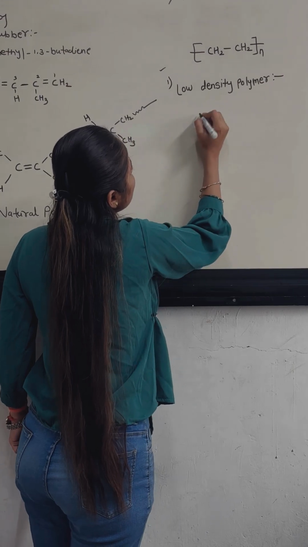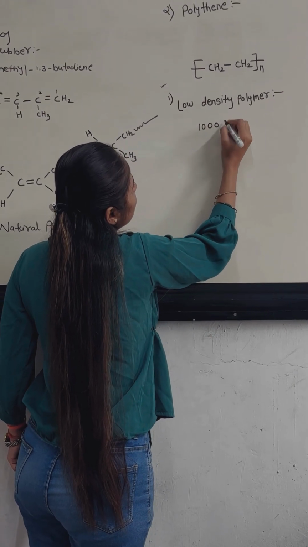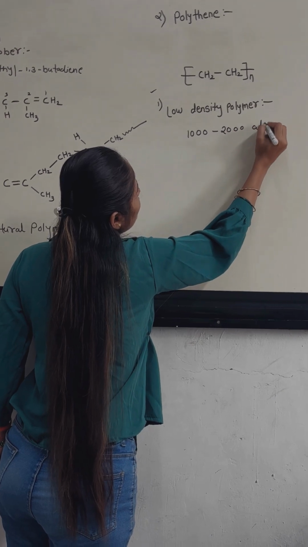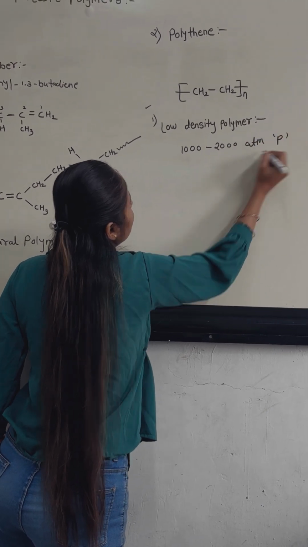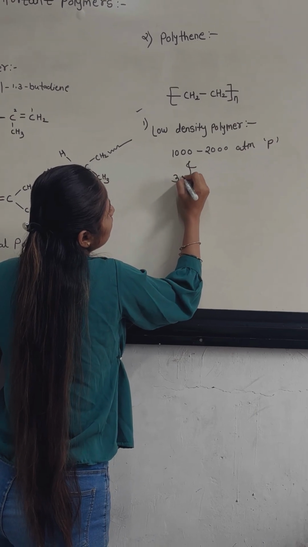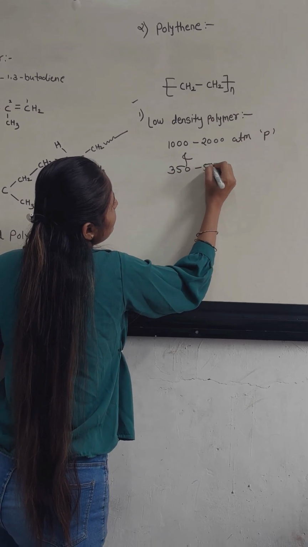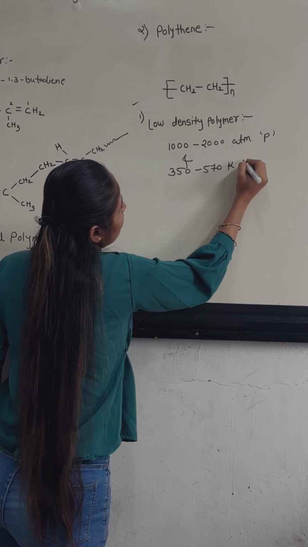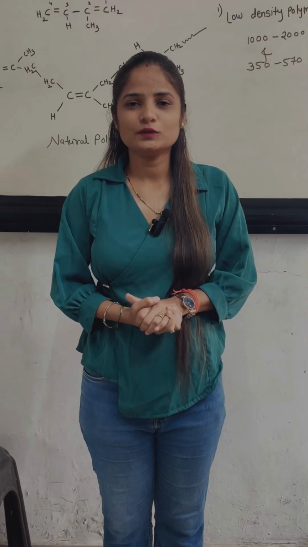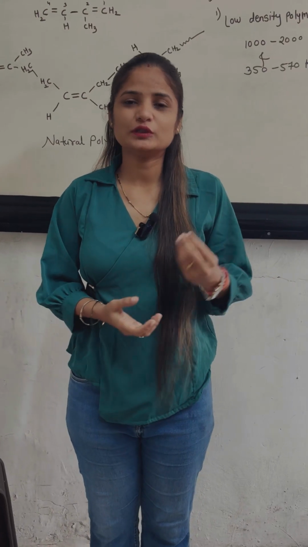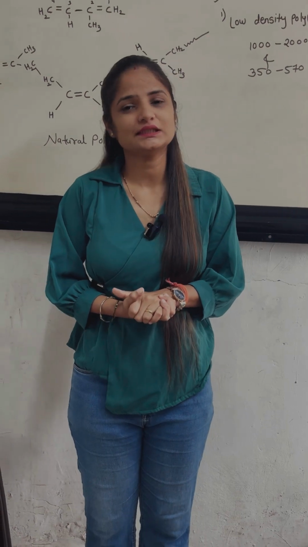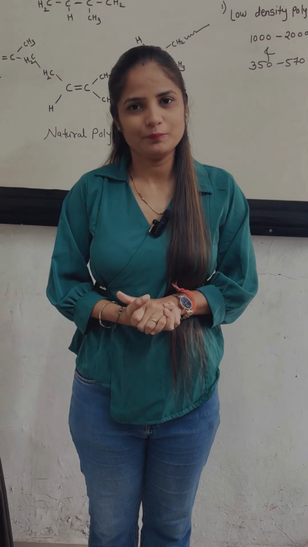Okay. So this reaction is carried out in the presence of traces of oxygen, meaning mostly peroxide, which is used as the catalyst in the preparation of the LDP polymer.